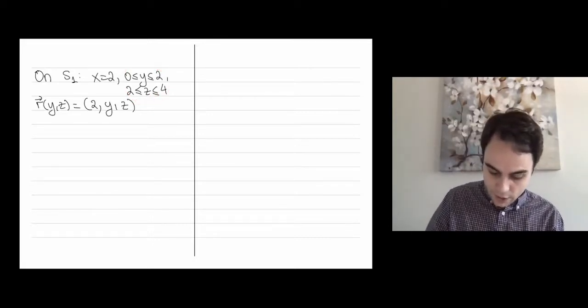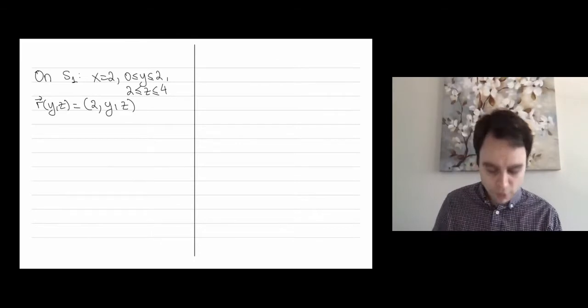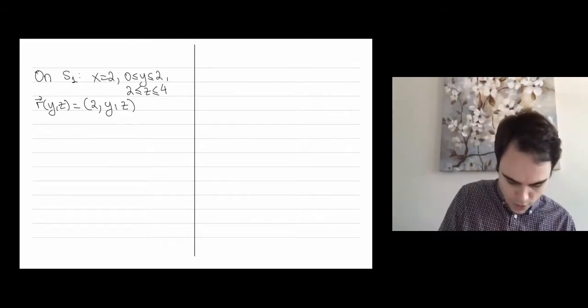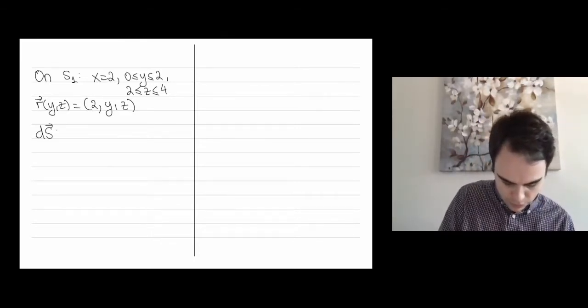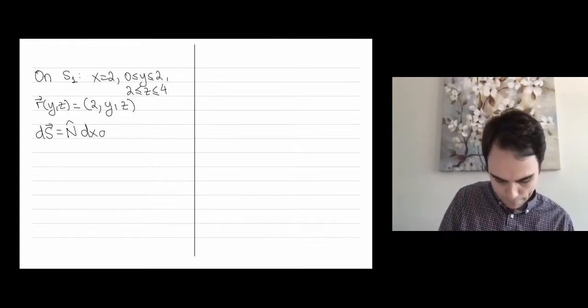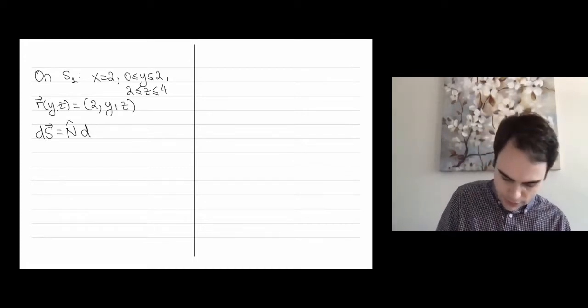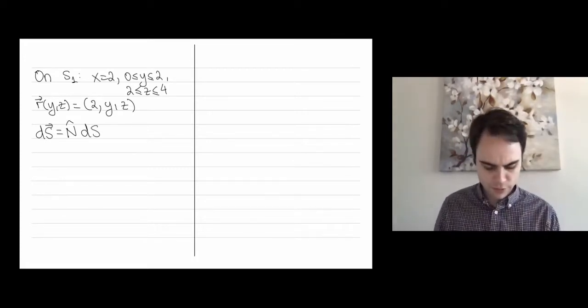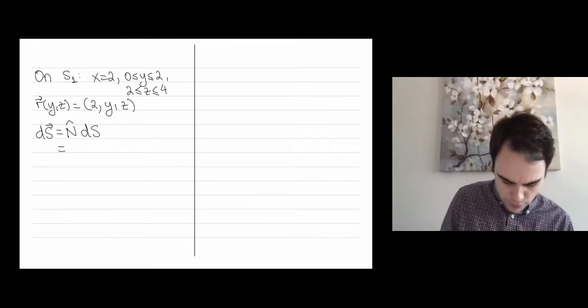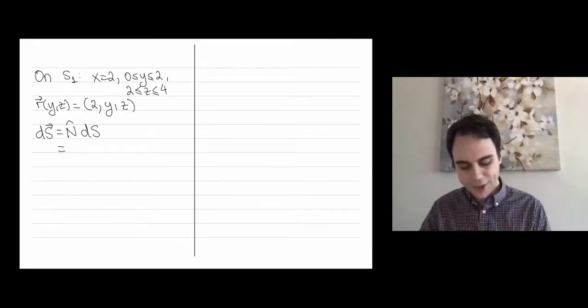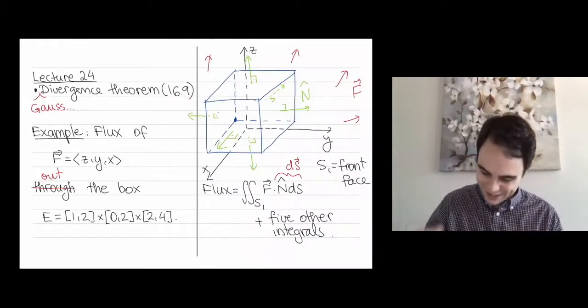Next up, if we're serious about computing this integral, we need to know dS. Right, we need to know n times dx dy. So, I'm sorry, n times the area element on the surface. And here I can show you. So the area element, my apologies, I kind of skipped ahead, got ahead of myself.